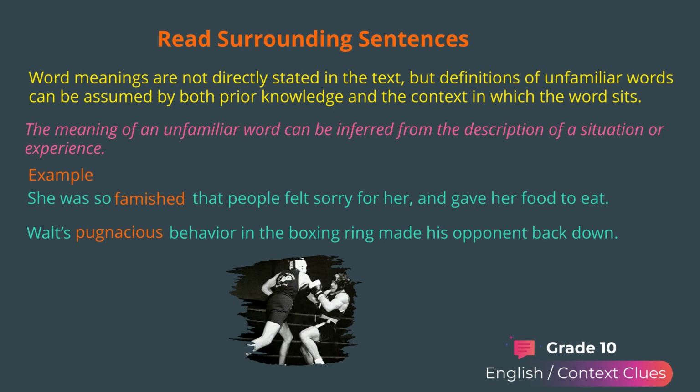We know Walt is boxing, and something about his behavior has made his opponent back down. What kind of behavior might a boxer exhibit that would make the person he's fighting back off? Aggressive, strong, scary behavior might make an opponent back off. In fact, pugnacious means aggressive or ready to fight.